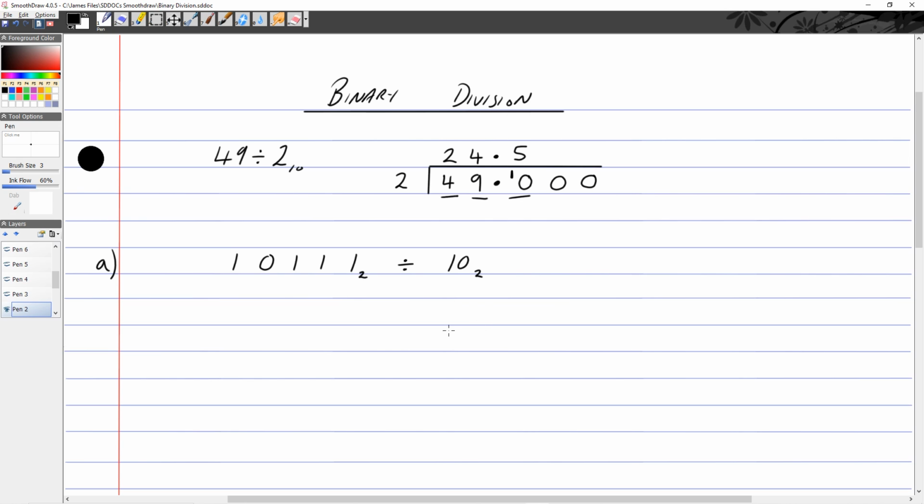So if we divide it by 2 we will shift it right. So the answer is really easy, only because the number that we're dividing by is 2. It also works if we're dividing by 2, 4, 8, 16, etc., but only those numbers. The answer, shift everything right, means divided by 2.